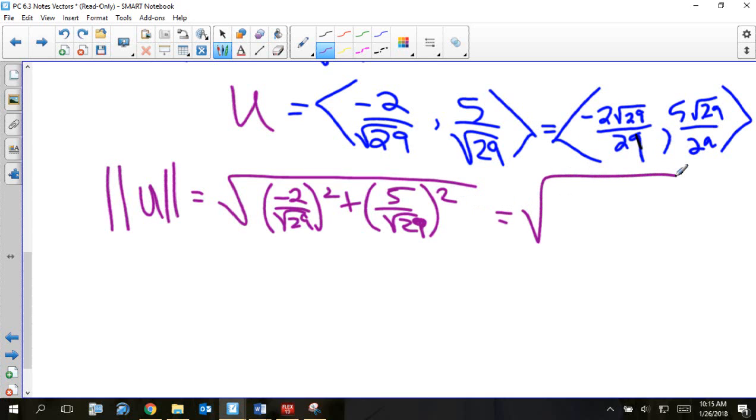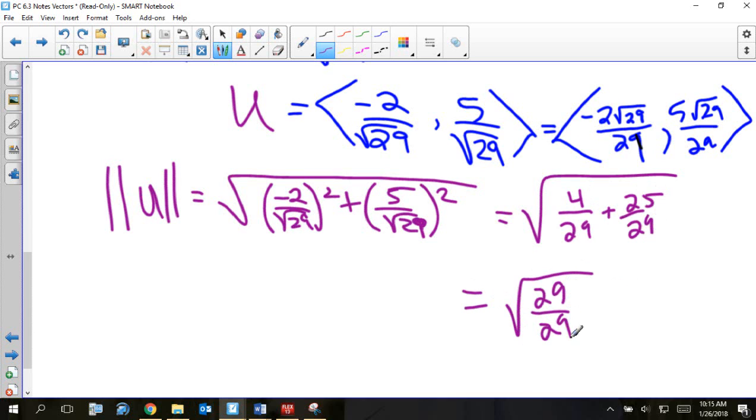So we have the square root. When I square that, I square the numerator and the denominator, top and bottom. I'm going to get 4 over 29 plus 25 over 29. When I add fractions, I just add my numerators with a common denominator. Square root of 29 over 29, which is the square root of 1, which is 1. So there we have verified that it really is a unit vector.